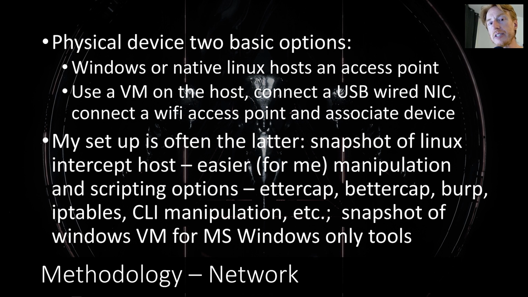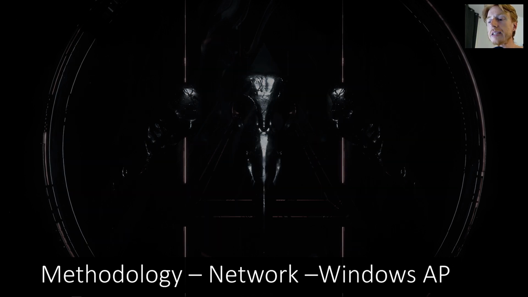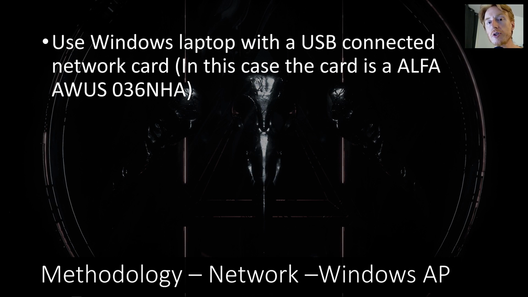The virtual machine is almost always Linux when I'm doing this. It's just easier for me to use Linux to do the network manipulations. I can use Windows as an example if I'm doing a host circumstance, and I'll explain this just so if you want to set this up. You have a host Windows system. You're going to get a USB NIC, plug it into the host.